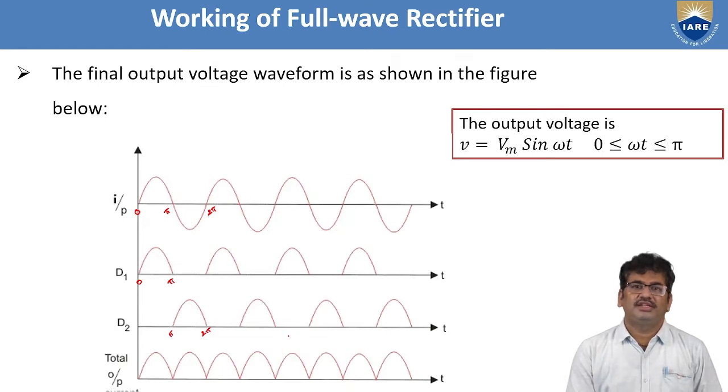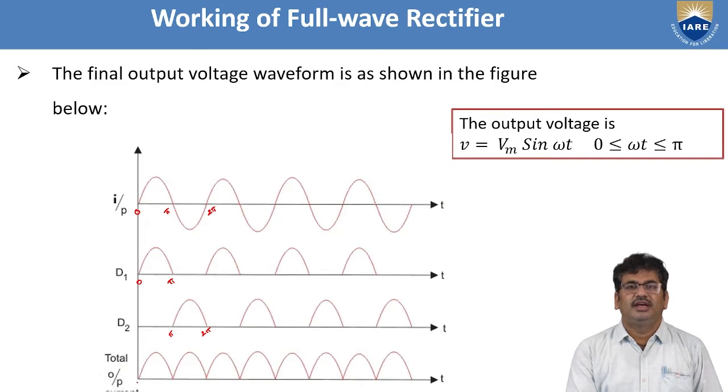As in both cases the current is flowing in the same direction, we are going to get the output voltage in the same direction, that is positive voltage for diode D1 conducting as well as diode D2 conducting. So the total output across the load resistance is the sum of the output for the positive half cycle as well as the negative half cycle.